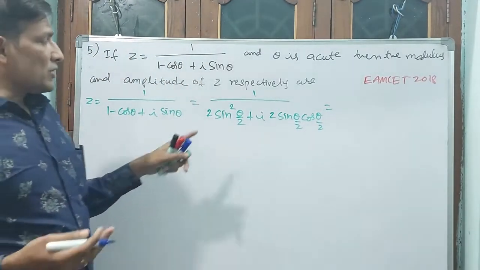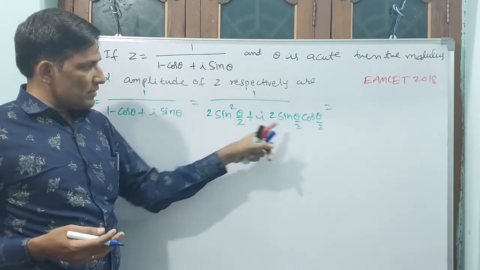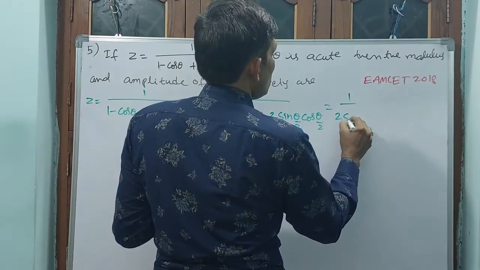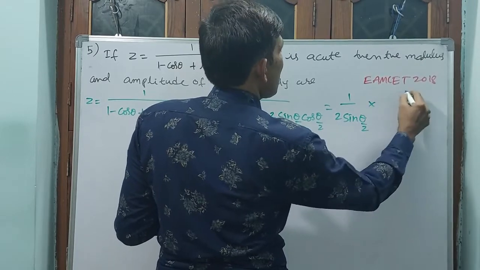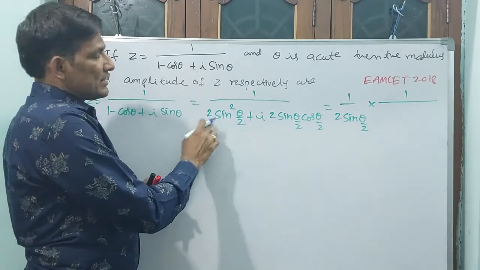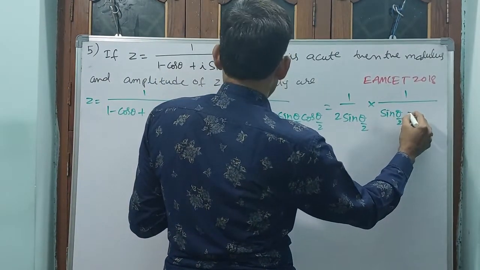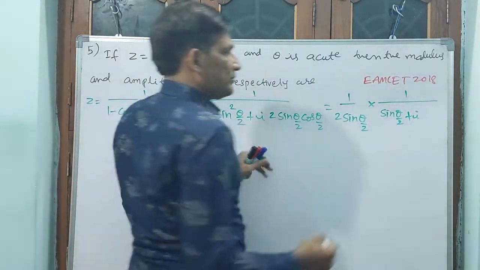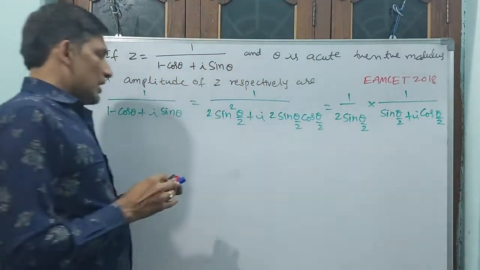In the last question we took 2 cos theta by 2 as common, but here we have to take 2 sin theta by 2 common. 1 divided by 2 sin theta by 2, if I take common, into 1 by, 2 sin theta by 2 has gone, sin theta by 2 plus I cos theta by 2.